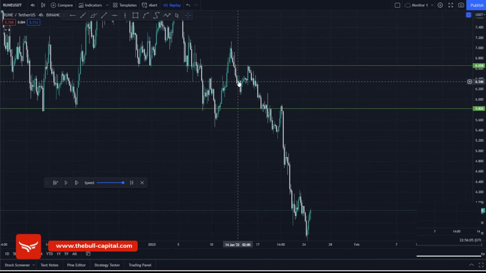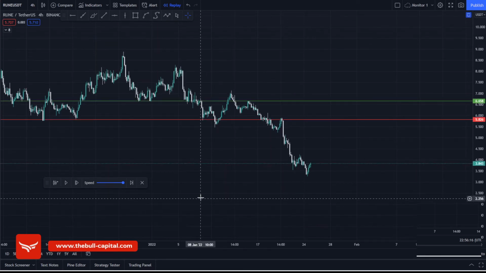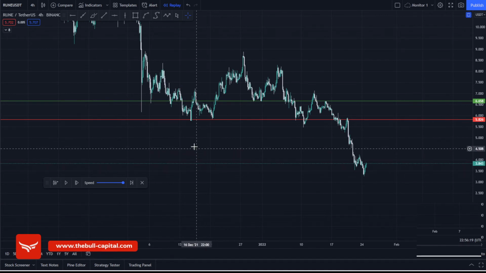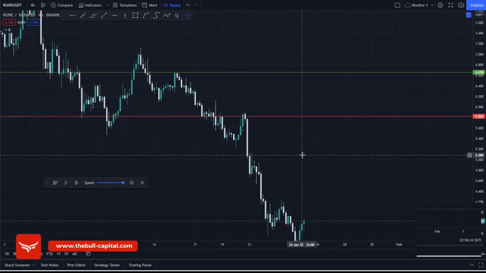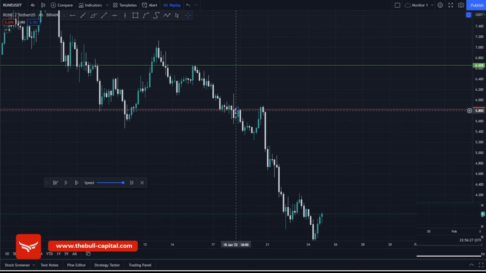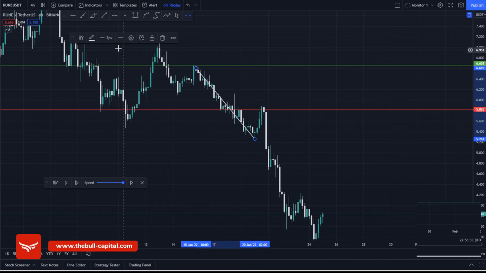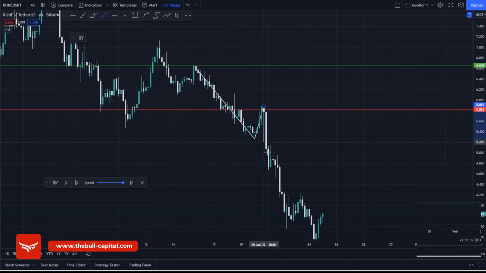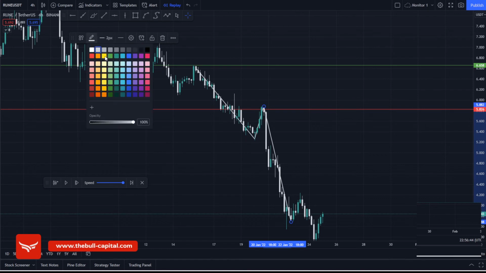And after it broke down, you see that it came back, and now this acts as resistance, and it pushed the price lower. Because now here it created a peak. Let me change the color to yellow.